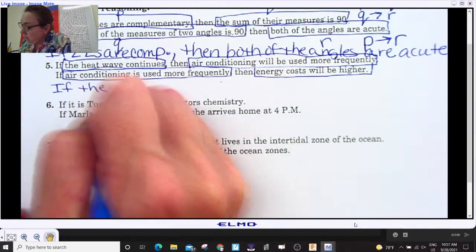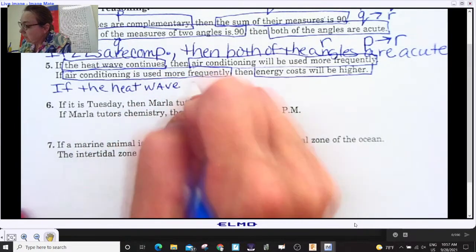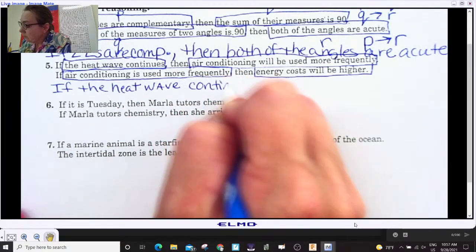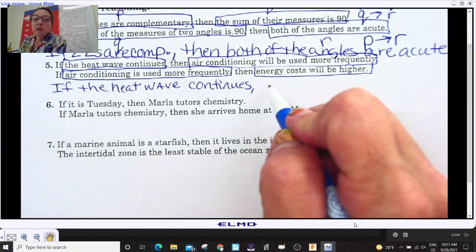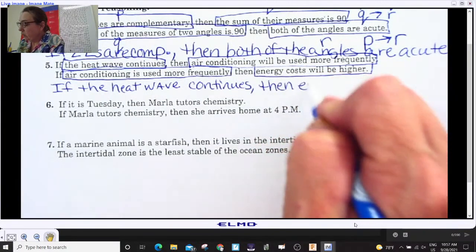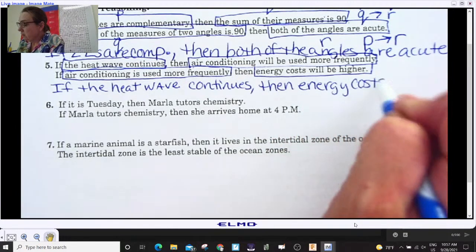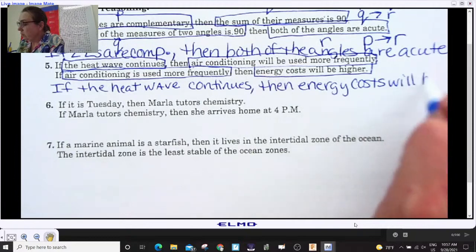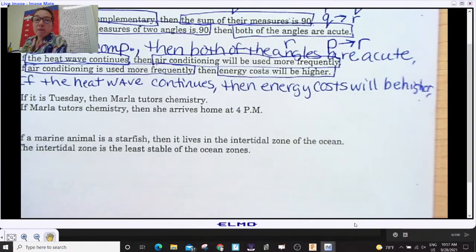If the heat wave continues, what happens? What can we jump to? Exactly. Then energy cost will be higher. Okay?